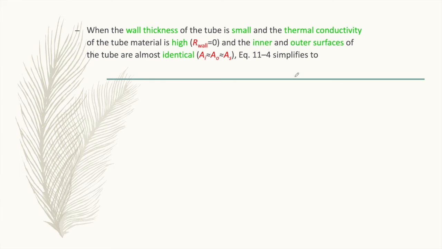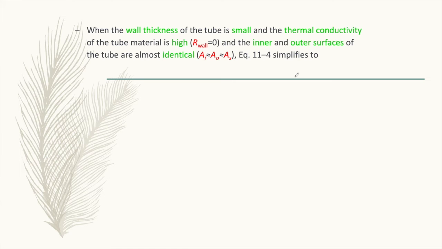When we neglect the tube thickness, there will be no R wall. The thermal conductivity of the tubes is high, and the conduction process will not occur. We are neglecting the conduction process at the wall of the tubes.